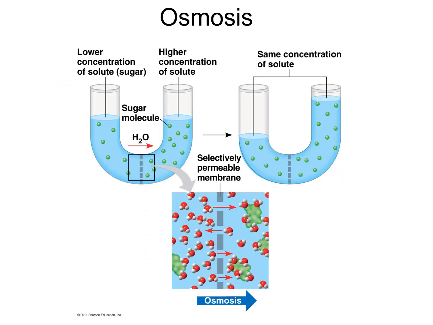You also need to understand osmosis, the diffusion of water across a membrane, how water molecules can diffuse across membranes based on solute concentrations, how water will diffuse from an area where solute concentration is lower, therefore water concentration is higher, to areas where solute concentration is higher, therefore water concentration is lower.